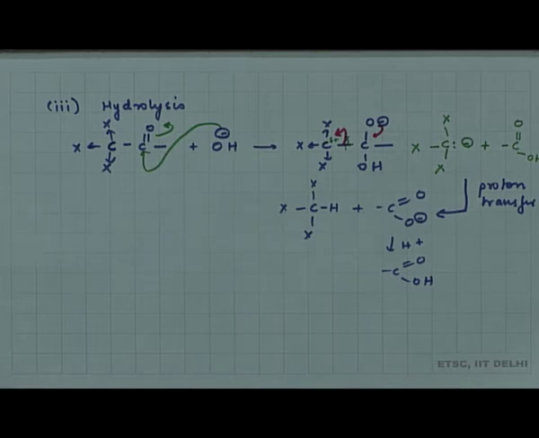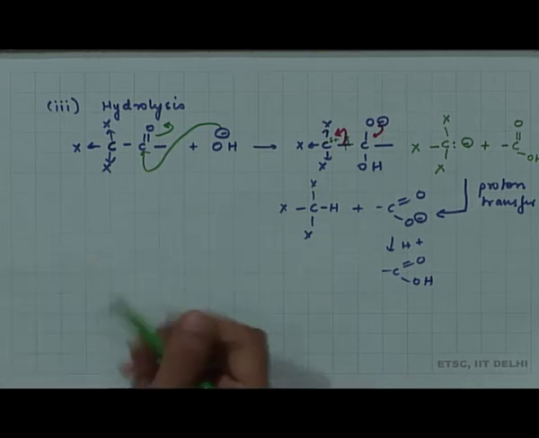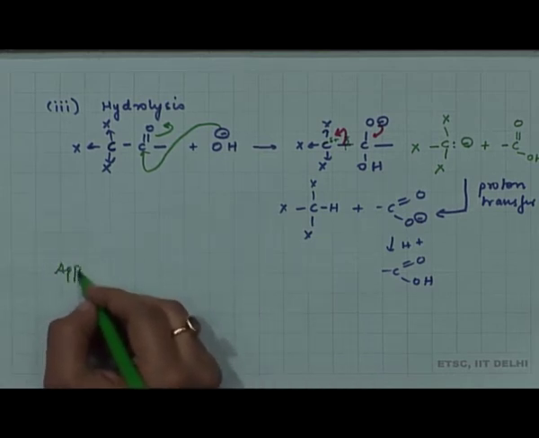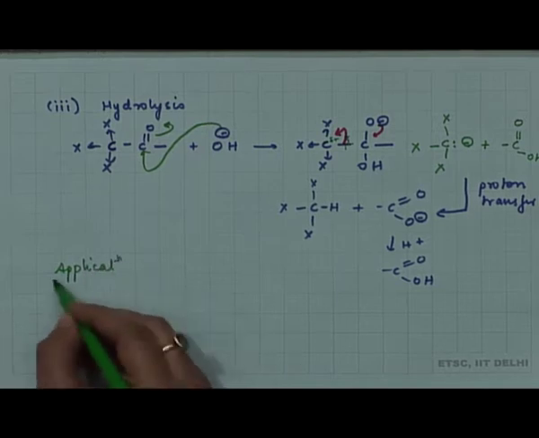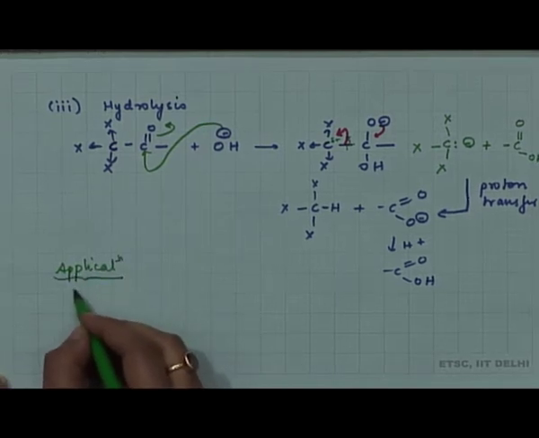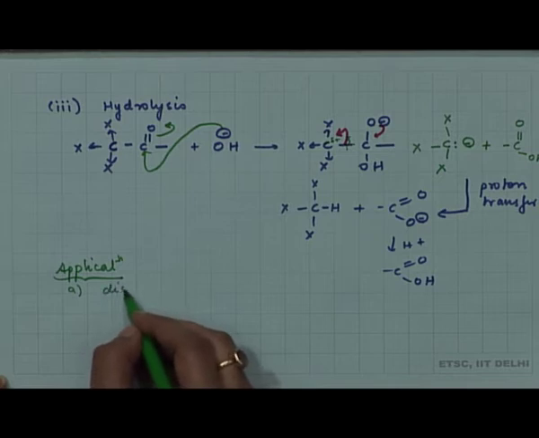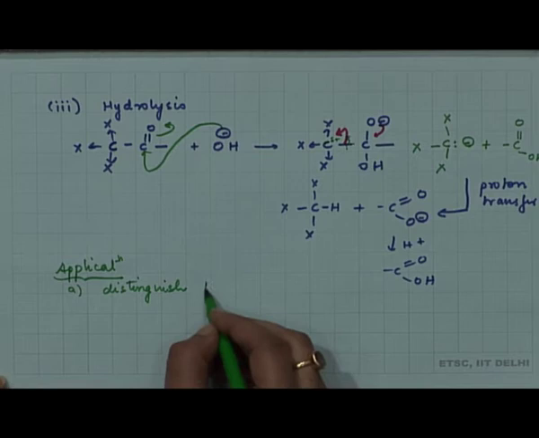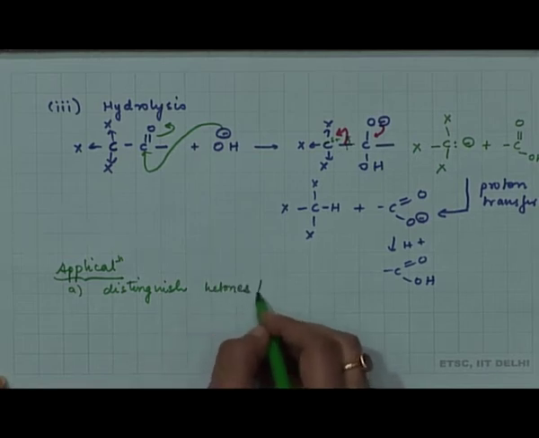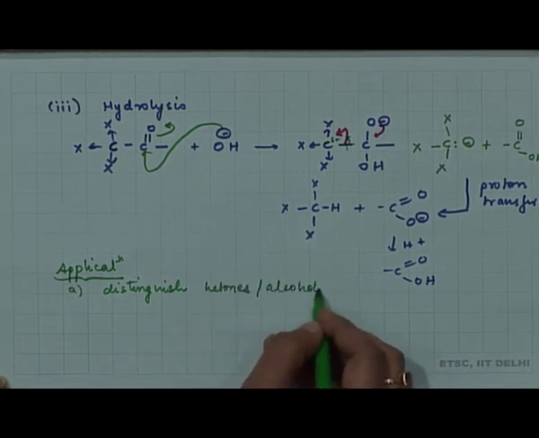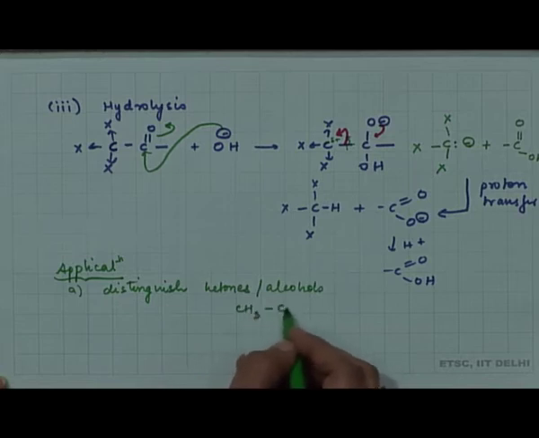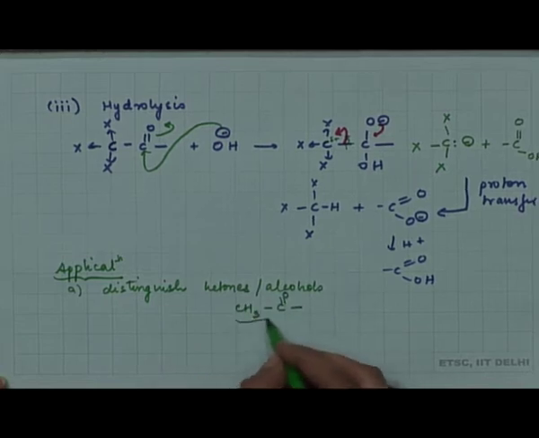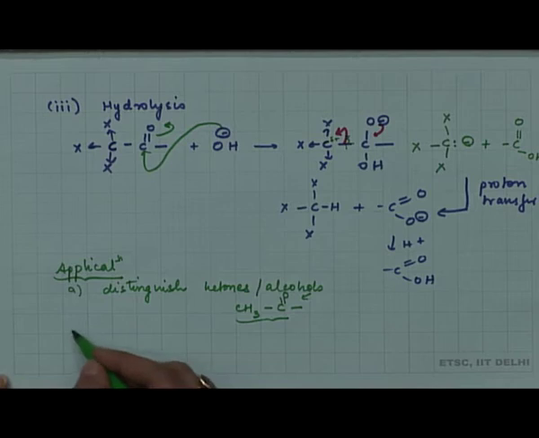So, the importance and application of this reaction is that it can distinguish those aldehydes and ketones, where the only aldehyde is acetaldehyde. It can distinguish those ketones and alcohols which have a CH3CO unit, or which are capable of generating the CH3CO unit in the case of alcohols.